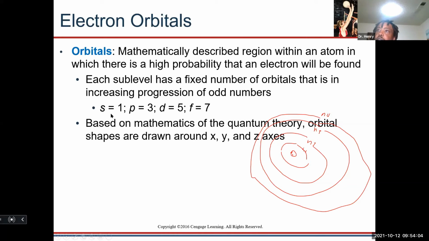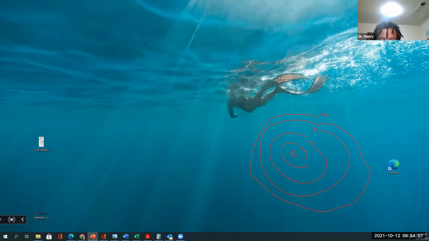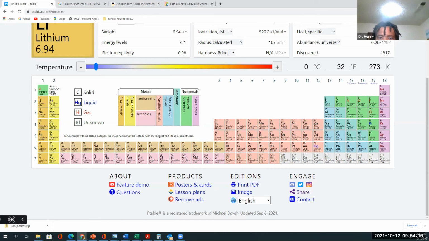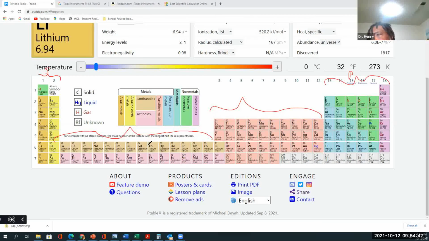If you take a look, we have the S, 1, 2; the P, 1, 2, 3, 4, 5, 6; the D, 1, 2, 3, 4, 5, 6, 7, 8, 9, 10; and the F, 1, 2, 3, 4, 5, 6, 7, 8, 9, 10, 11, 12, 13, 14.